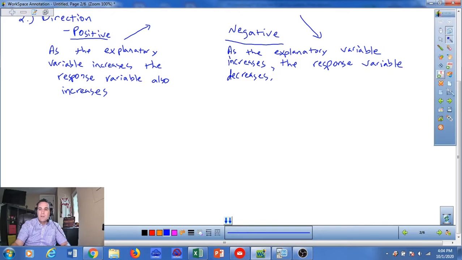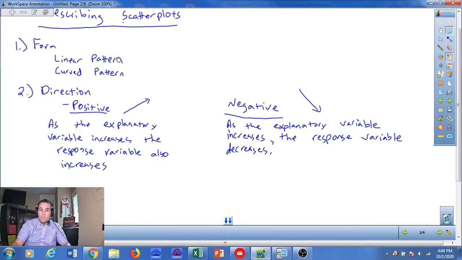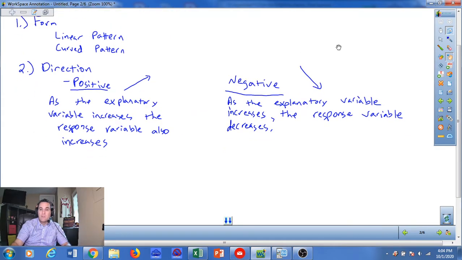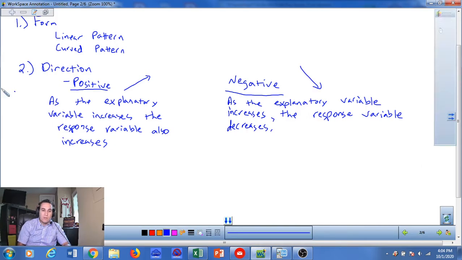Okay, so we got the form, we got direction. Those are two big pieces, two huge pieces. Okay, so the third piece is just something new we're going to learn about. It's called strength.